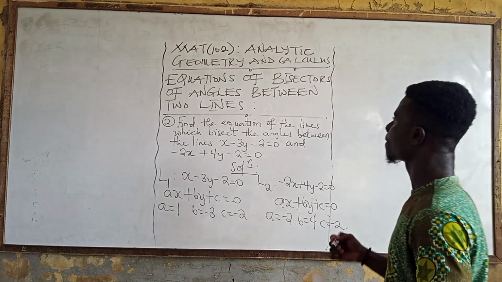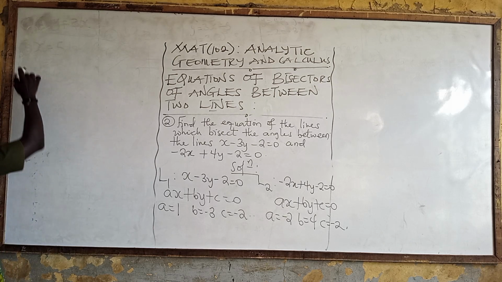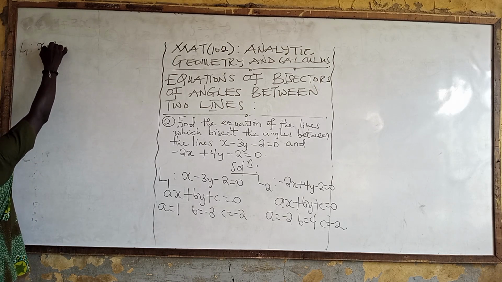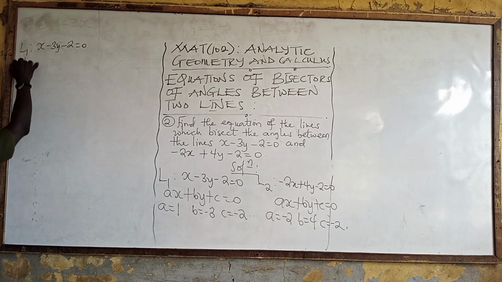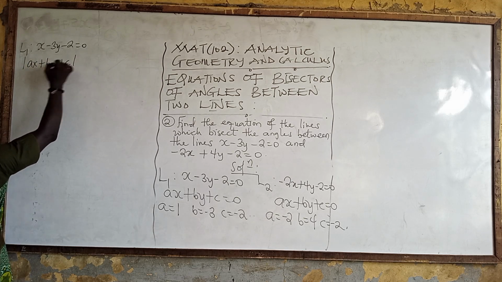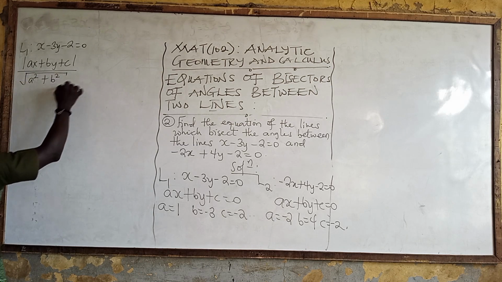So we can find the perpendicular distance from the point to the line. So I can start with my L1, which is x minus 3y minus 2 equals 0. So we find the perpendicular distance, which is that divided by square root of a squared plus b squared.